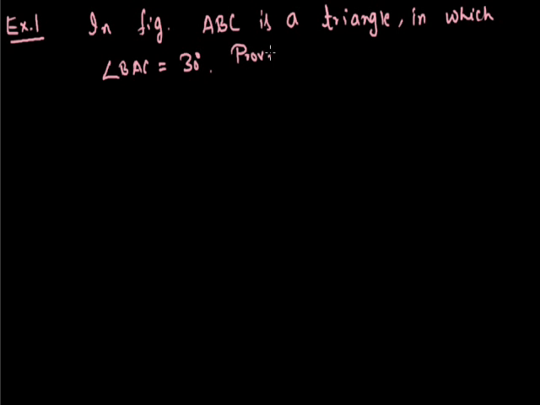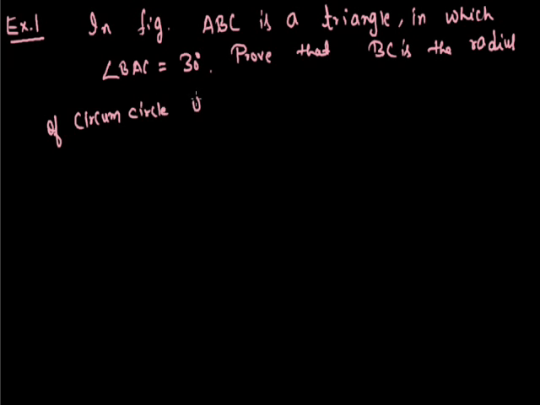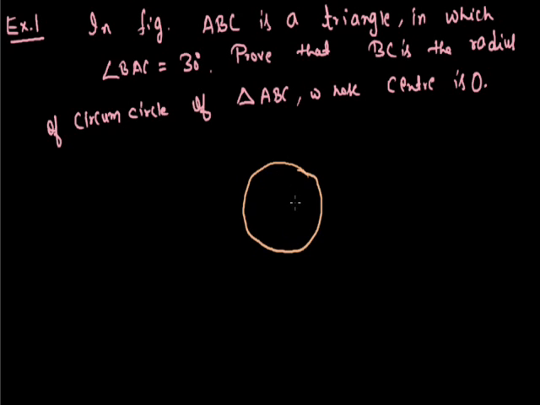Prove that BC is the radius of the circumcircle of triangle ABC whose center is O. Given a circle, triangle ABC, center is O. Now it is given angle BAC is equal to 30 degrees.